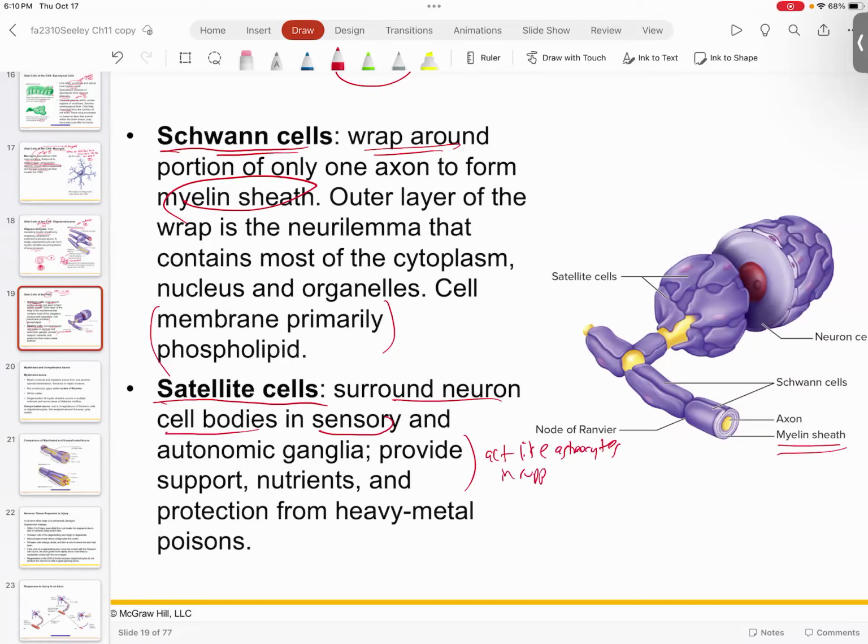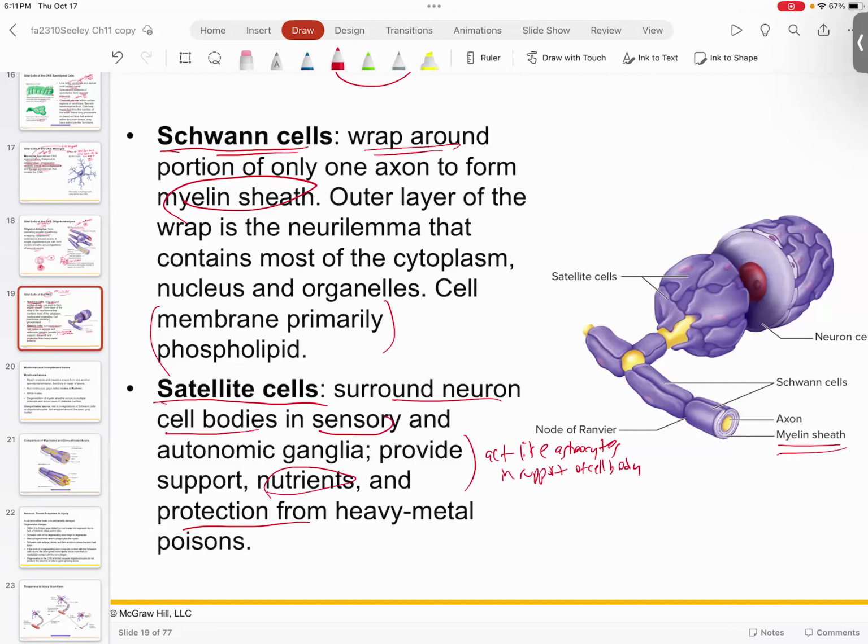In support of the neuron, or in support of the cell body. So their job is to basically provide support, nutrients, and protection from heavy metal poisoning. So these guys will screen out heavy metals. So they're operating in a lot of ways very similar to the astrocytes.